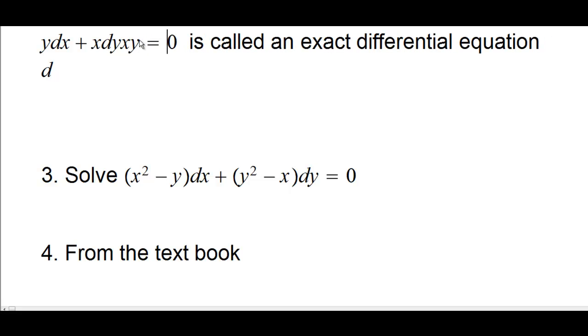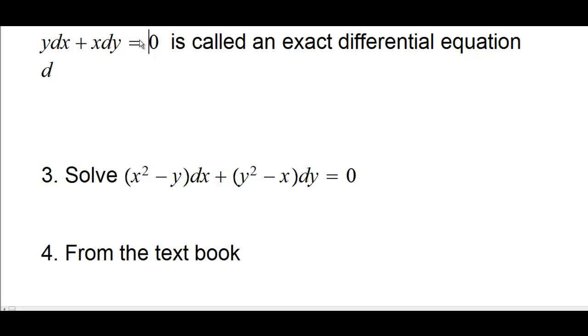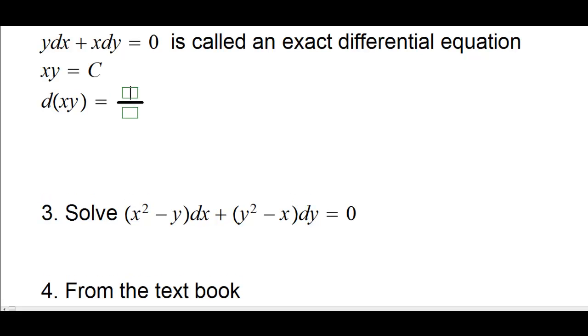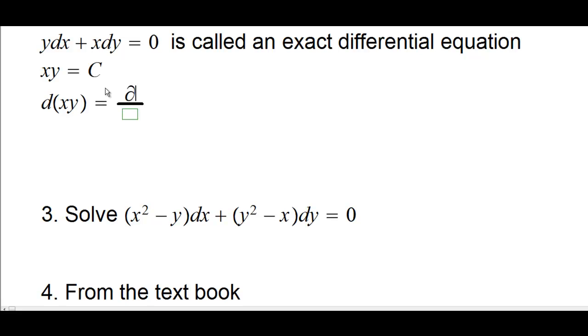Okay, the solution is xy equals constant, and if I took the differential of xy, all right. Now if you look at the differential of xy in the strict sense, then that goes like what? The partial derivative of xy.